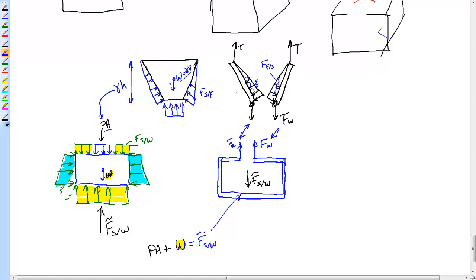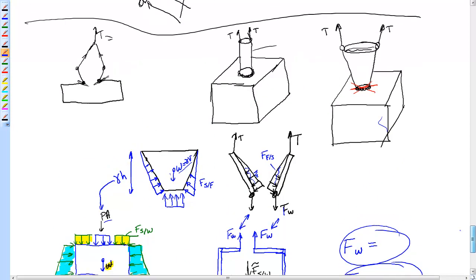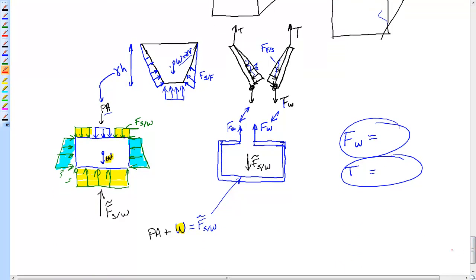So you're responsible for a type of problem like this, where someone may ask, what's the force that the welds have to hold? Or what would be the tension? Tension in this case is going to be the total weight of the thing. But it all relates back to, in your mind, just like you did in statics, where do you want to split the thing, and then put the equivalent loads on everything. So with that, that's the other problem you're going to be responsible for, and I'll call it good there, and that's it.